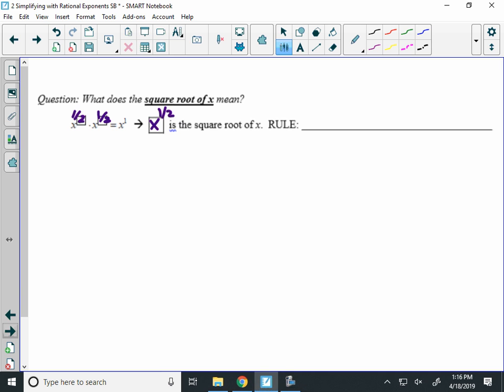Right? So here, let me rewrite it this way. x to the 1/2 is equal to the square root of x. So it looks like the square root can be written as a fractional exponent. Now, if you're trying to find the square root of a power, we can write it this way.